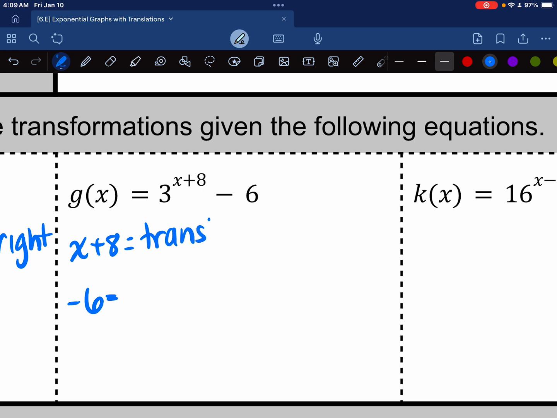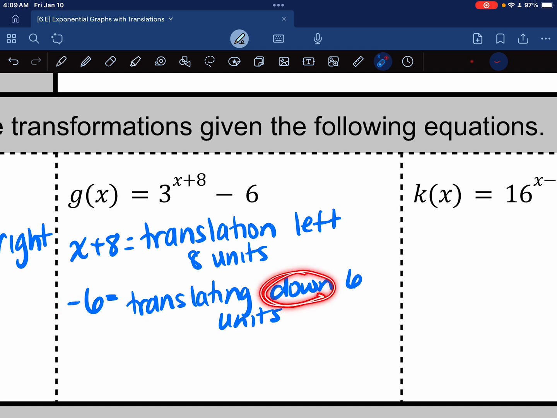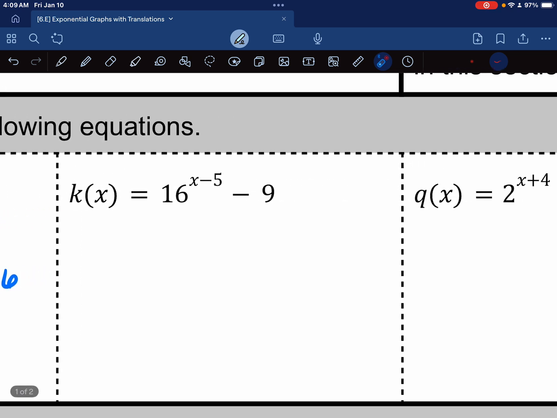So I'm translating left 8 units, and I'm translating down 6 units. And notice when this was a negative, I'm not saying it's down negative 6 units. The down is the negative part of that. Okay? We don't measure distances talking with negative numbers. That doesn't make sense. Like I wouldn't say that I walked negative 2 blocks down the road.